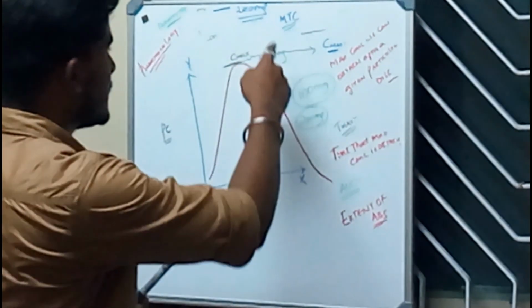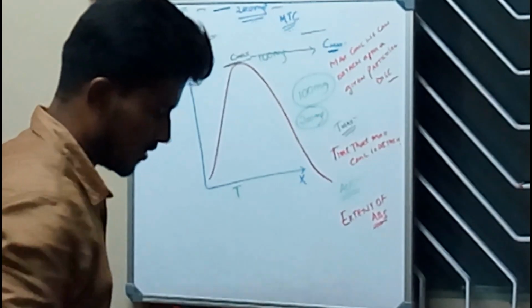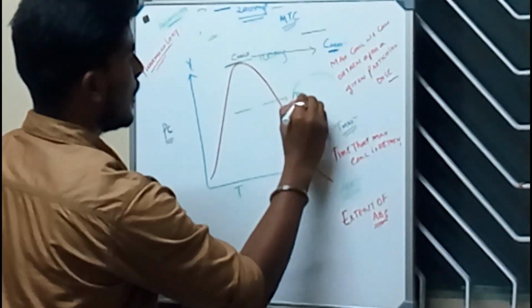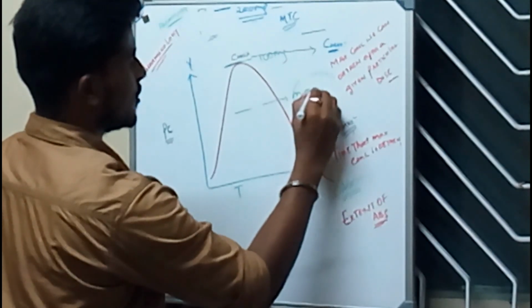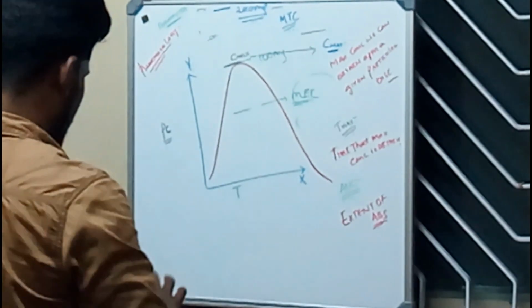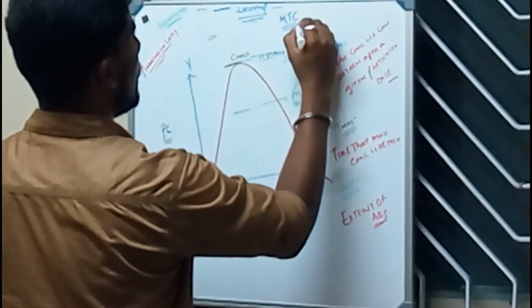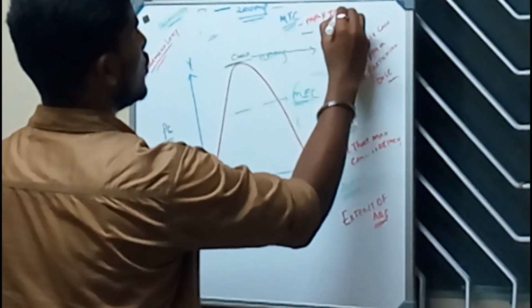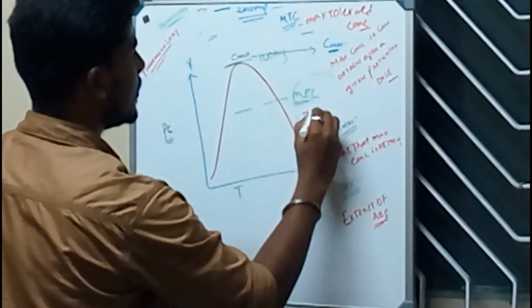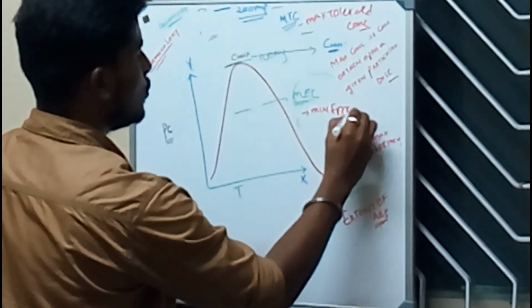And here we have MEC, the minimum effective concentration. Here I'm writing the maximum tolerated concentration, and here the minimum effective concentration.